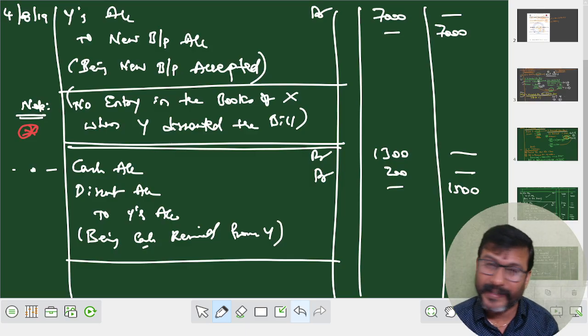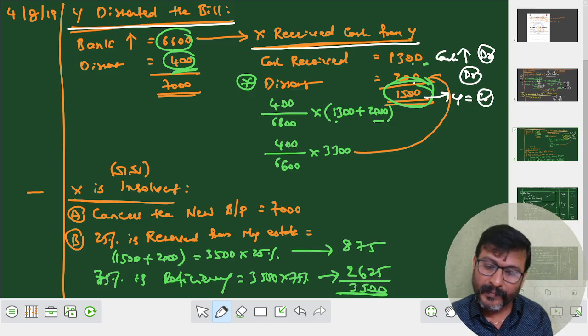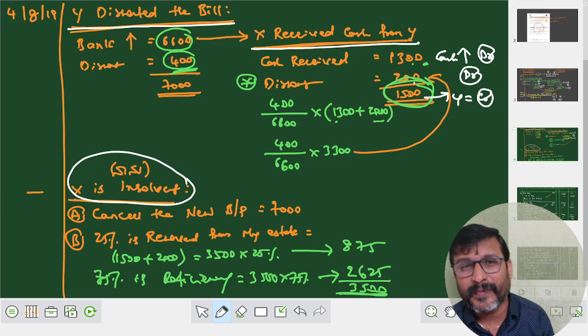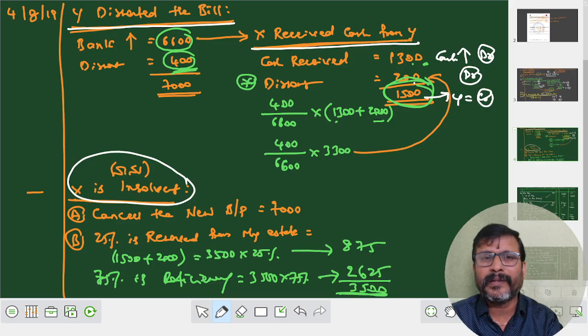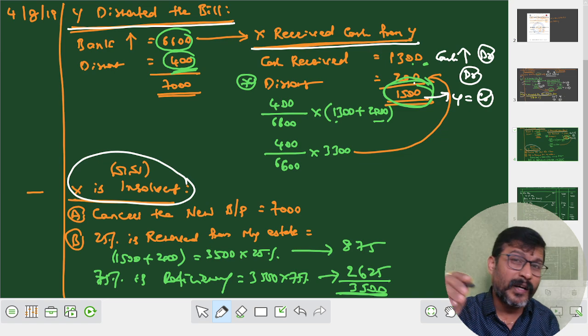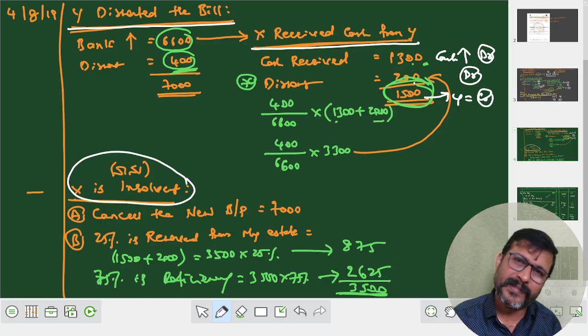Did you understand when we received money from Y? See what happened. After this, X is insolvent. Who is insolvent? Me. Please remember, whenever the debtor is insolvent, we can say debtor increased and BR decreased.